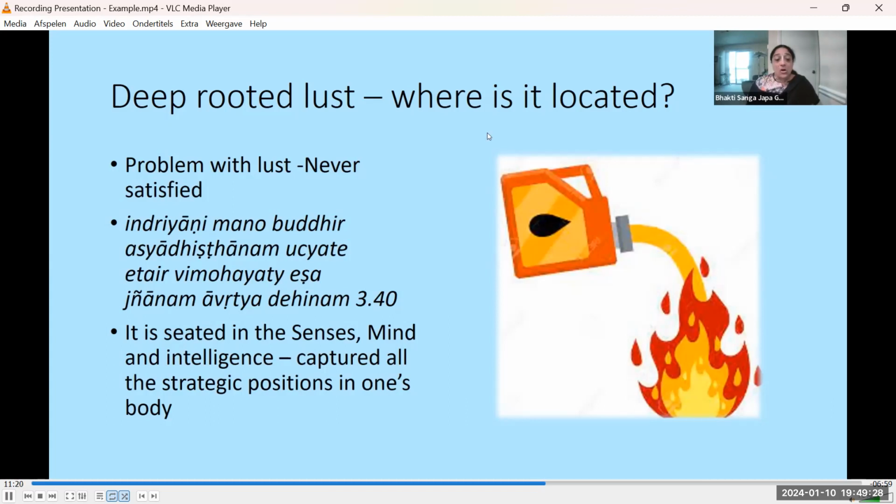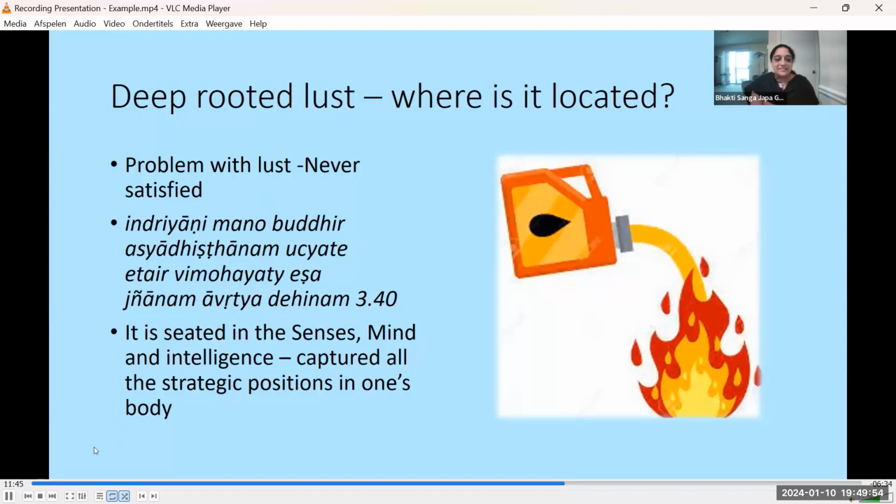It has captured all the strategic positions in one's body. So this lust that is deep-rooted has taken all the important positions. Imagine all the activities we do are either by our mind, or by our intelligence, or through our senses. Now, if all these three have been captured by lust, how difficult it is for us to get rid of this lust.